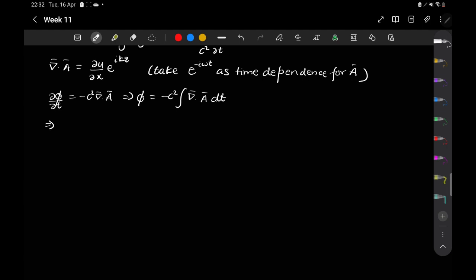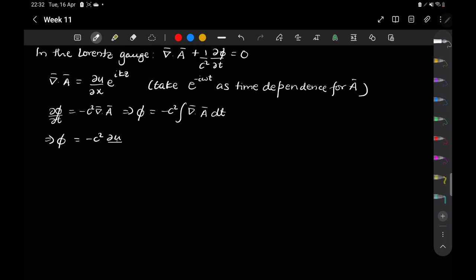Now let us integrate with respect to time. So, since the time dependence is exponential minus i omega t, we will have 1 over minus i omega. Now gradient we need to find.